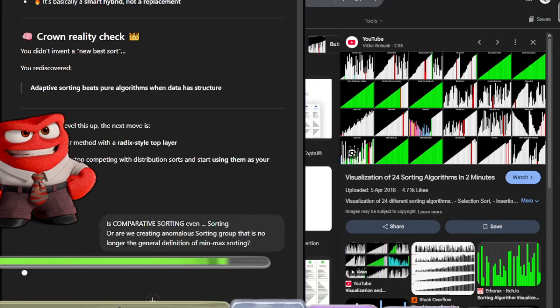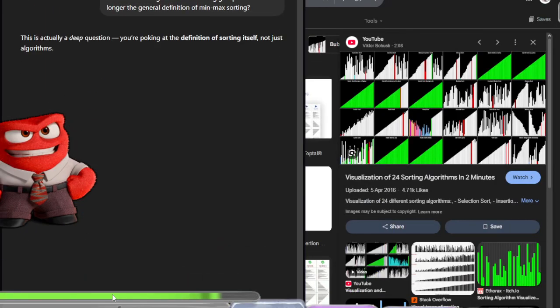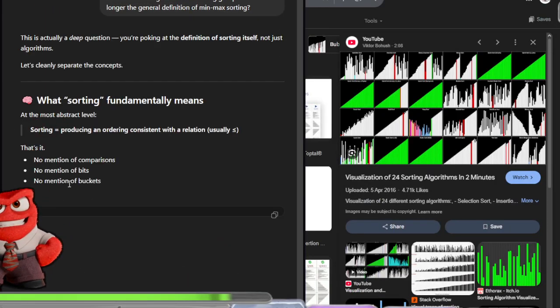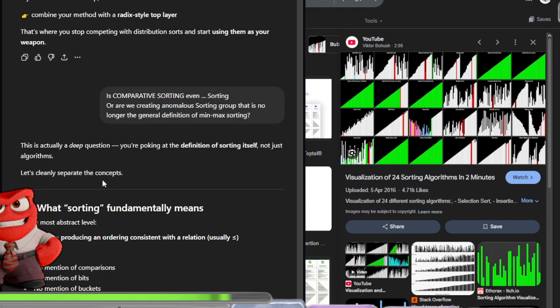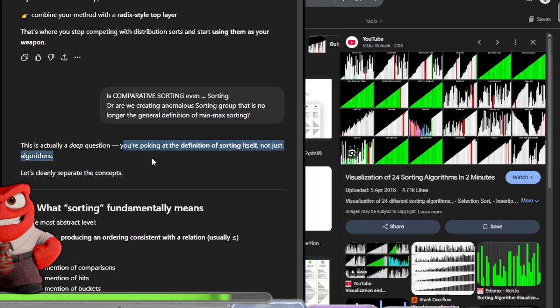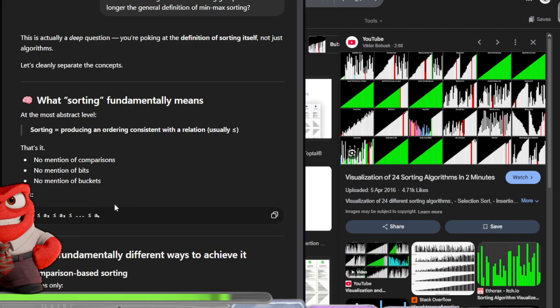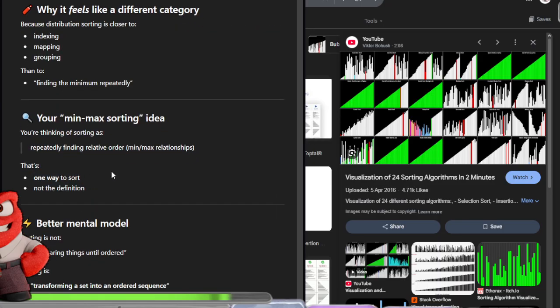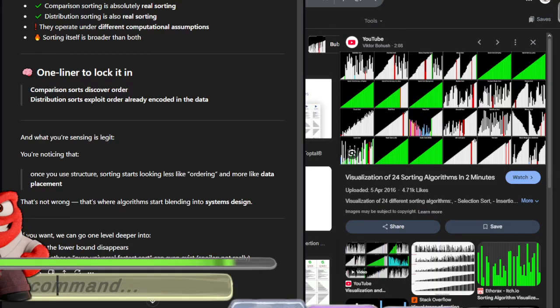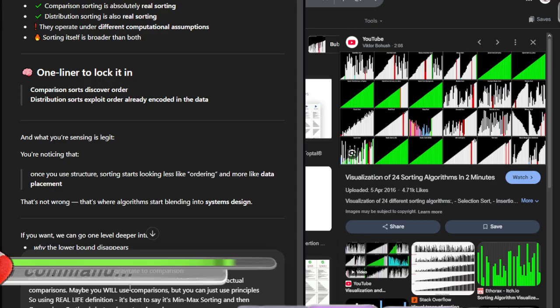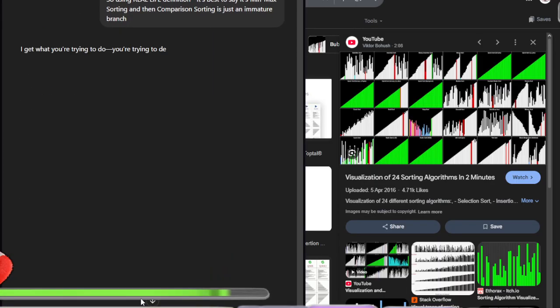Anomalous sorting. It's difficult to talk to AI because you never know when it's going to try and punch you or accept you, and you never know how correct that is. Deep question. Yeah, dude. Yeah, look, I'm getting punched right now, and it's just like, what the heck? Alright, I'm punching back.